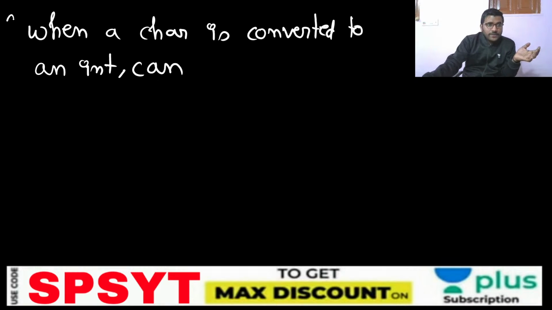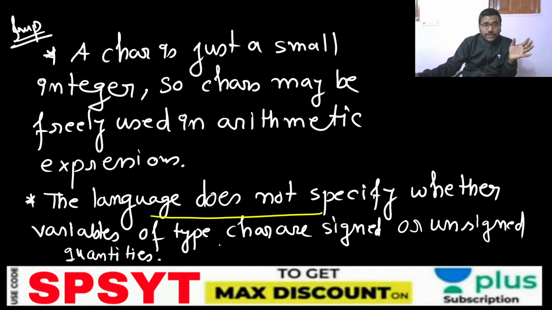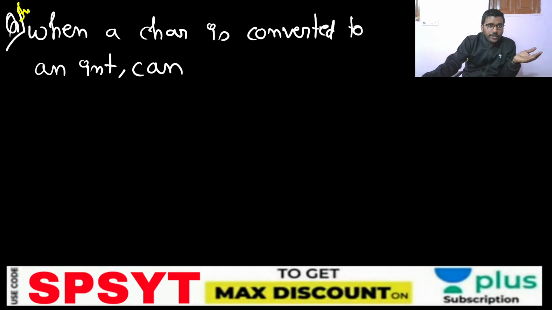You know that type conversion is happening here. When you have a variable of char type, it can be signed or unsigned. So the question is very important. These questions they will ask in product based companies. This is popular because it is a difficult question.